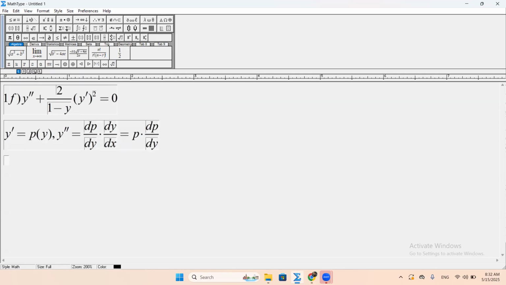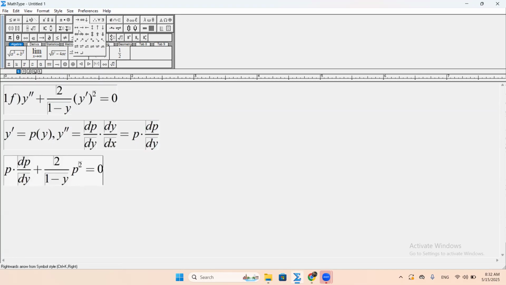So substituting it into the initial differential equation, we get p square equals 0. So again, this is an equation with separable variables. Let's separate these variables.